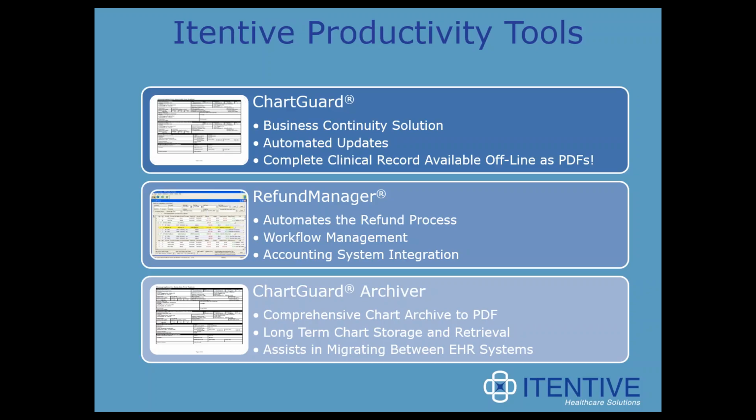In the event that that location loses access to NextGen, your providers and staff can go to that PC and get the patient chart information off of that PC, as well as the appointment listings, so they can continue on with their work while the IT group is trying to get NextGen back online.